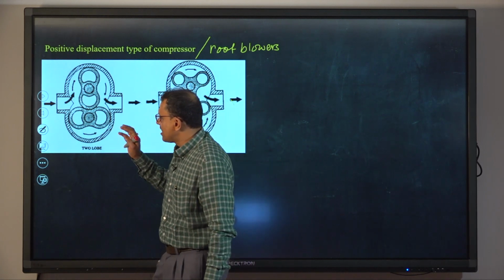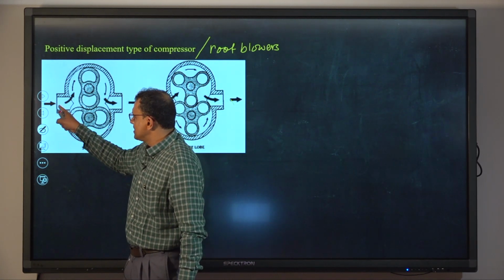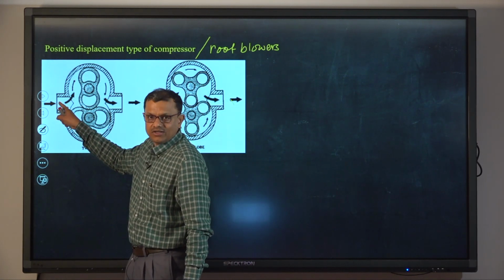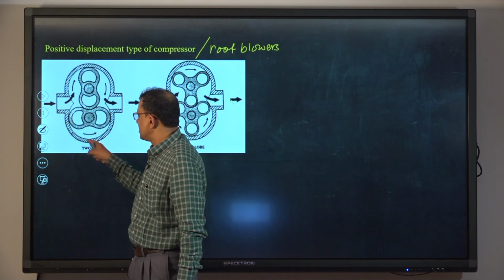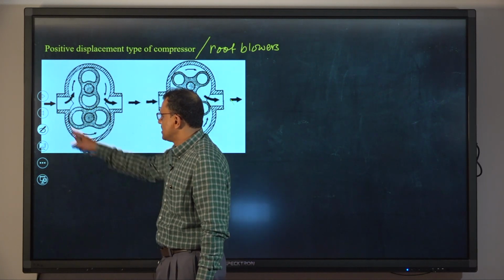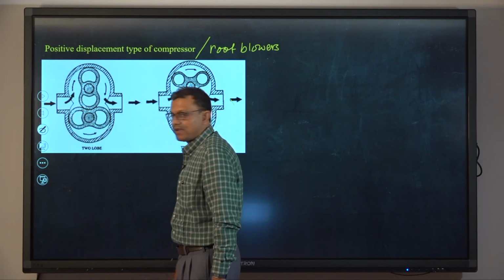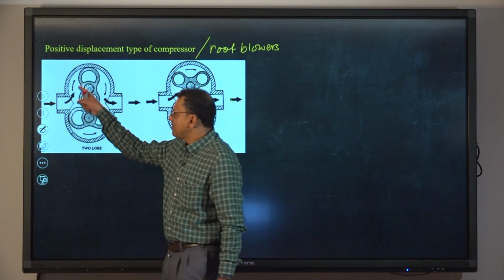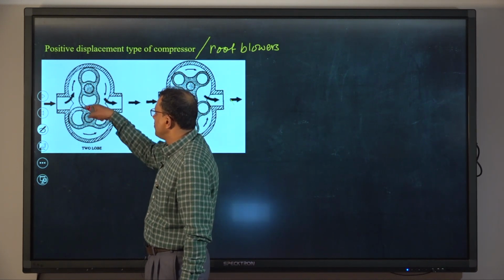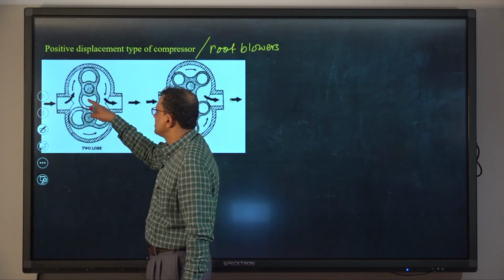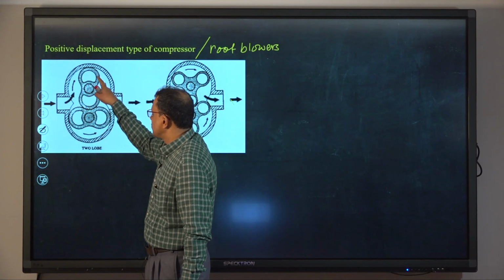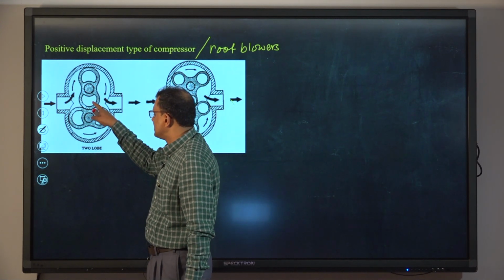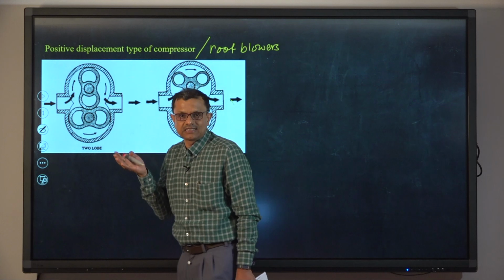So, what happens, that this is the intake air. So, air is taken to this blower through this path, and when air is passing through this device, the movement of the lobe, I mean this is 2 lobes. So, in the course of its motion inside this device, its pressure increases.